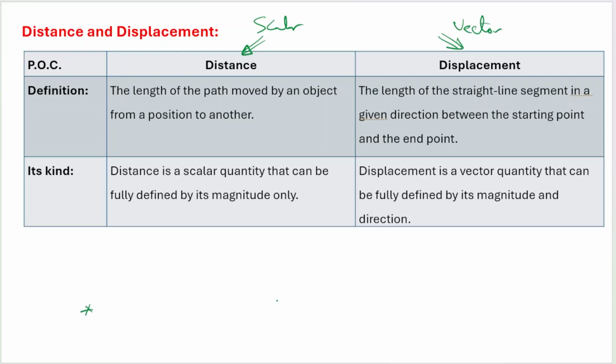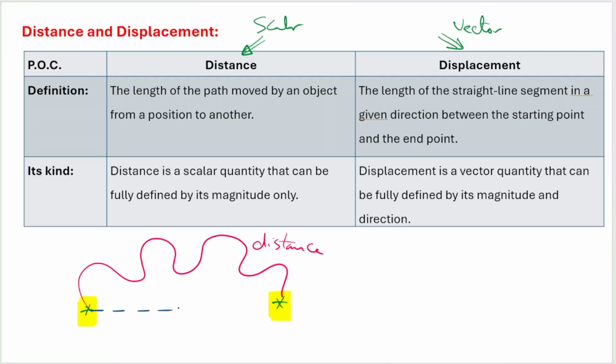If this is your starting point and this is your ending point, and this is the actual path that you have covered, this is called distance. But if this is your initial position and this is your final position, and this is the shortest straight line from the starting point to the ending point, this virtual line, because this is not real, represents displacement.